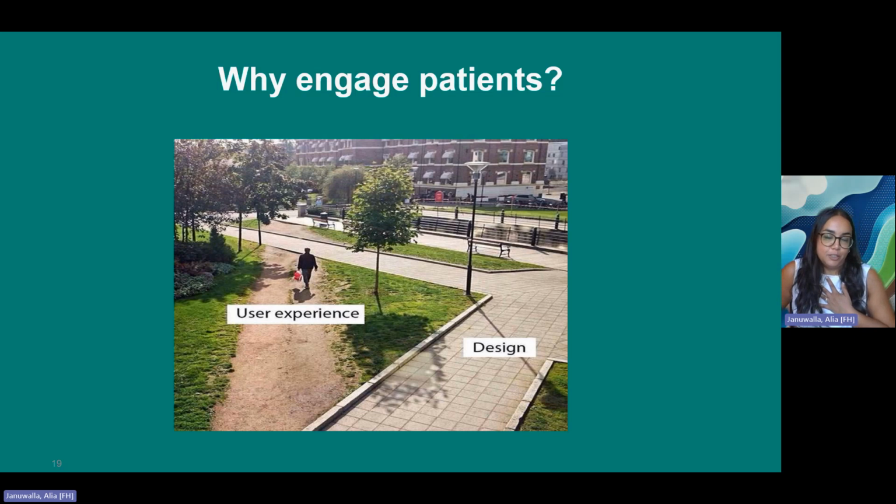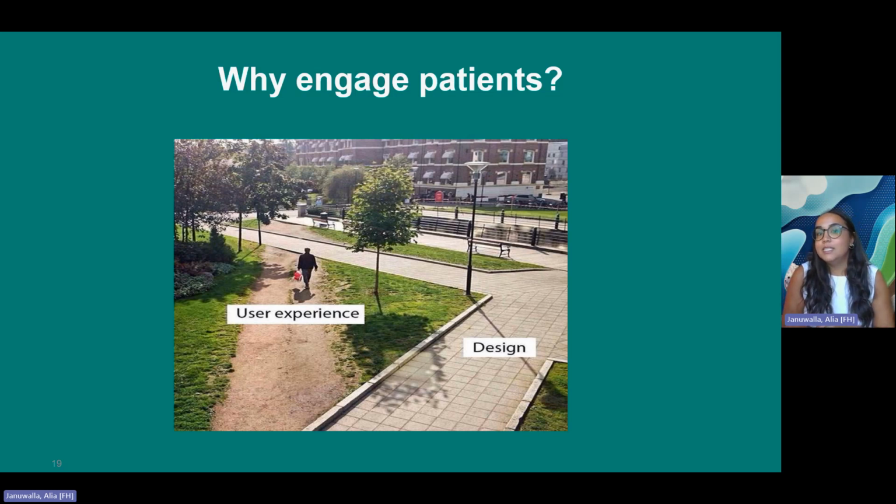So why do we engage patients? This is a really great figure. I love this figure because it really shows the difference between what happens when you design something without really taking user experience into account. This is an image that shows the architects probably planned a paved path, and yet there is a path that is more trodden because it is shorter and it gets from point A to point B quicker.